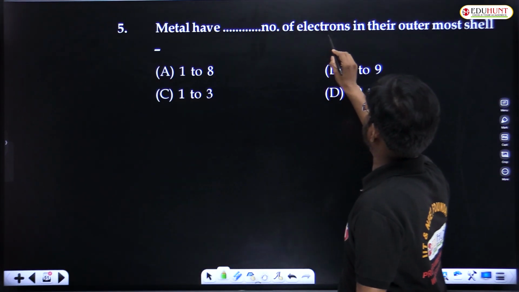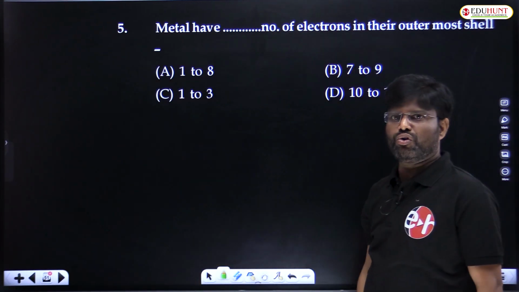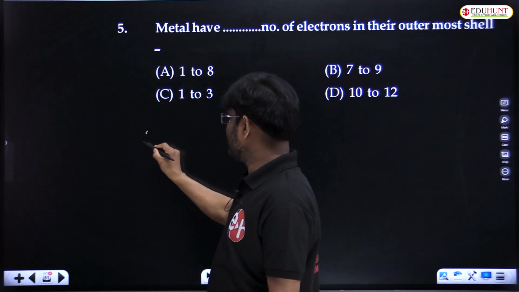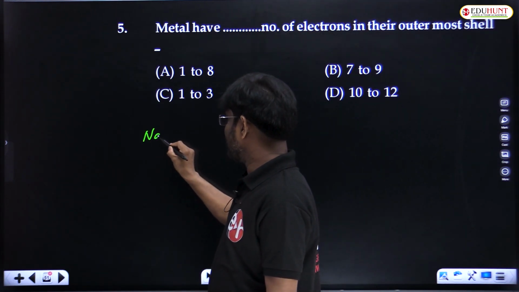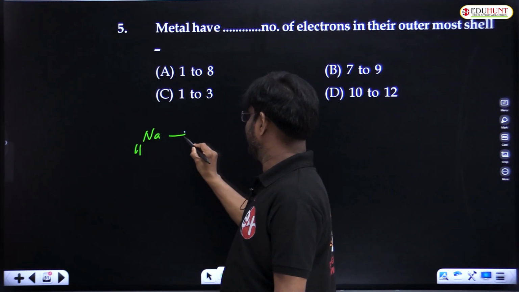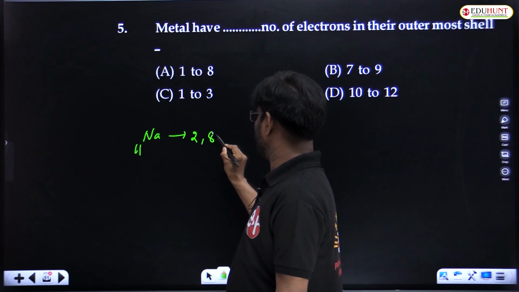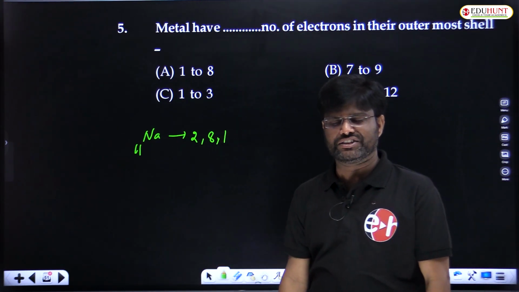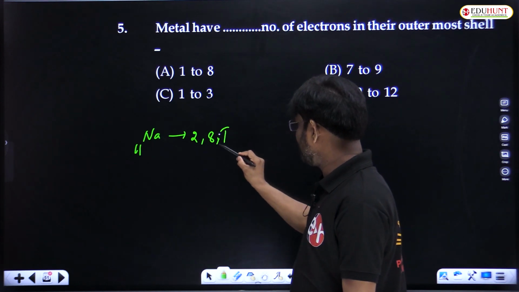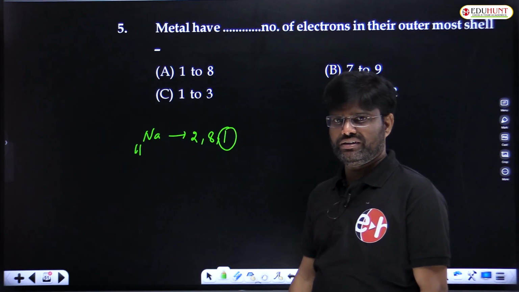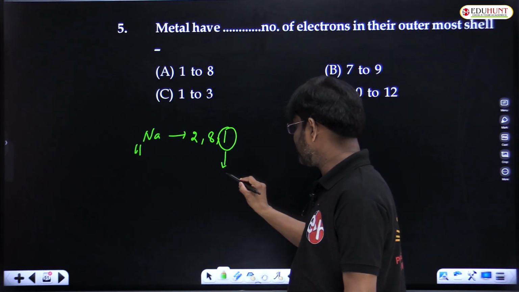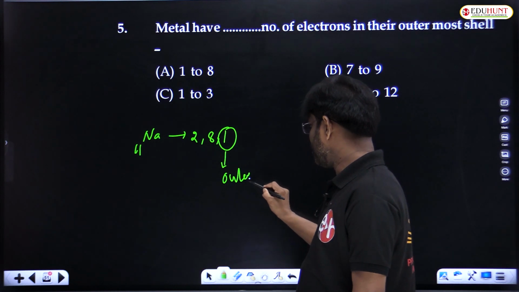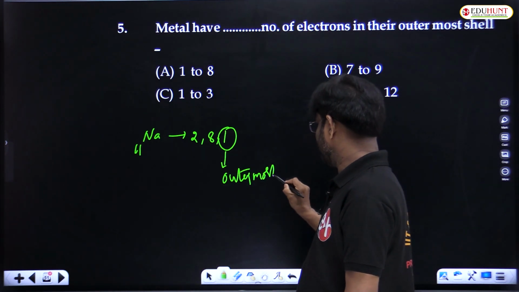Metals have a number of electrons in their outermost shell. Taking sodium, atomic number 11, the shell-method electronic configuration is 2,8,1. In the valence shell, one electron is present. Valence shell means the outermost shell.